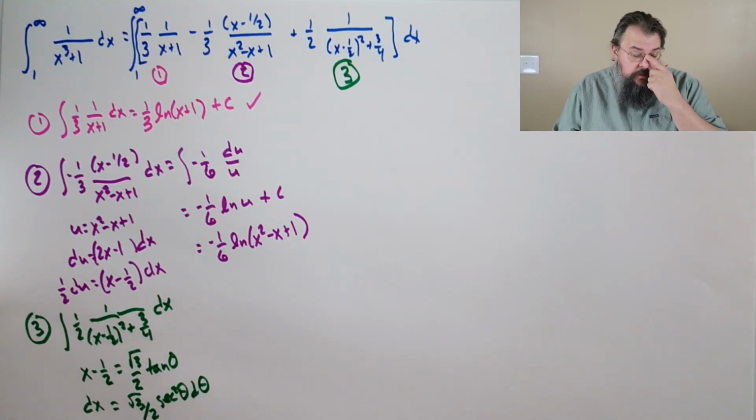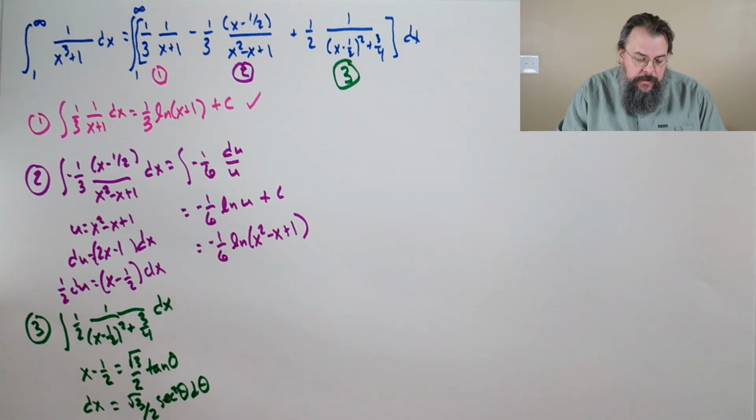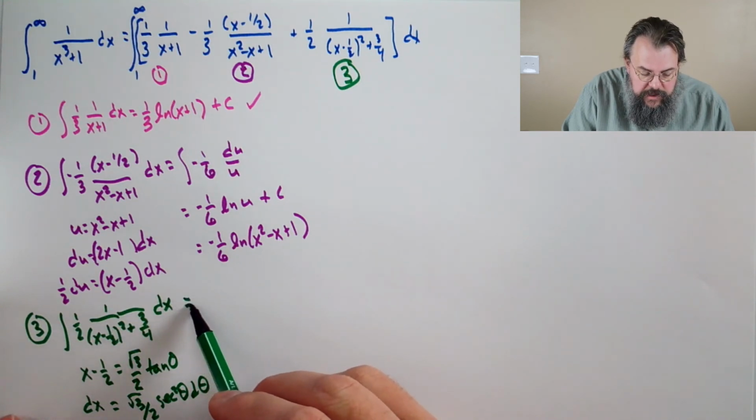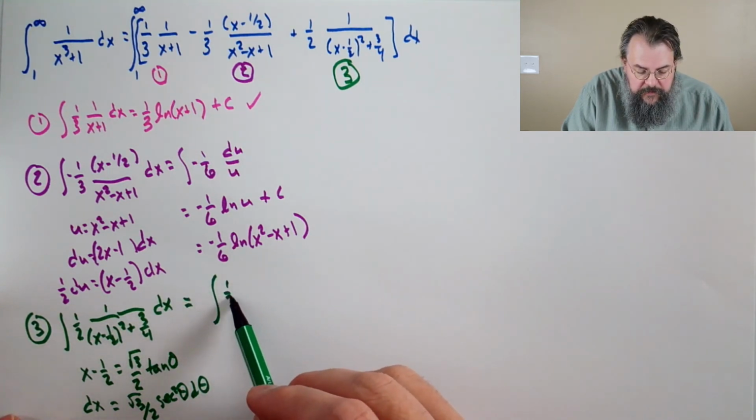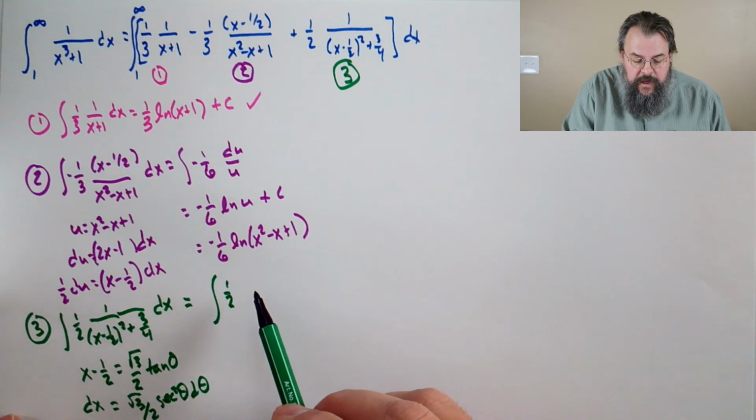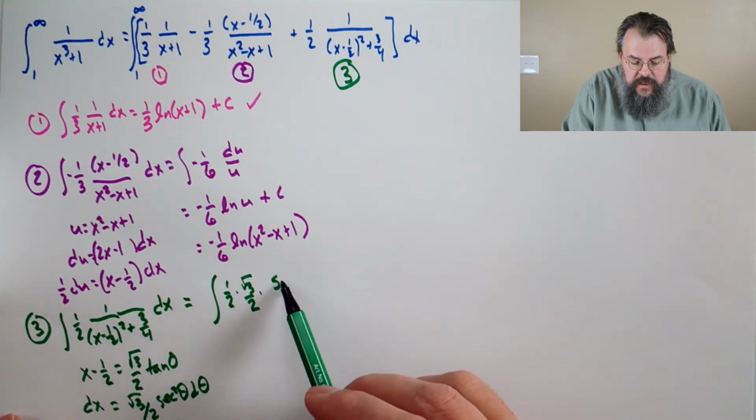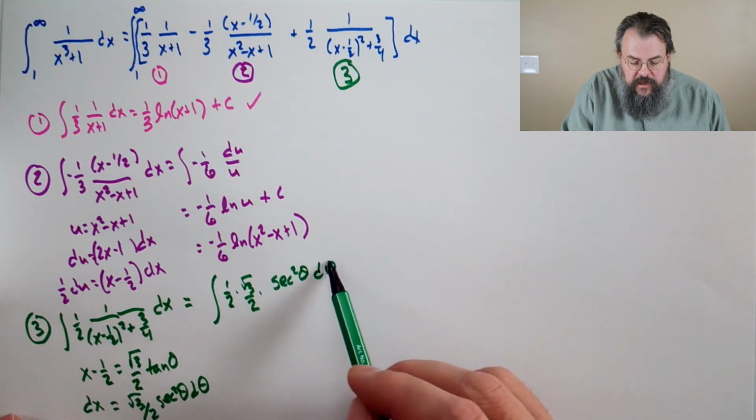Now, where do we go from here? We carry it out, right? We have the half. The dx makes it a square root of 3 over 2, and then there's a secant squared theta d theta.